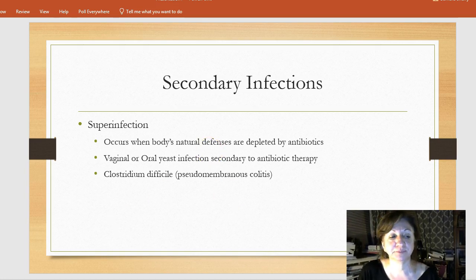And those, of course, we would treat, but it's another infection that we now have to treat. And C. difficile is one that we call a secondary infection because most of the time that people get it, it's because they've taken this long course of antibiotics in the hospital, and now they have diarrhea that's turned into a colitis, and C. difficile is the organism that has taken over.